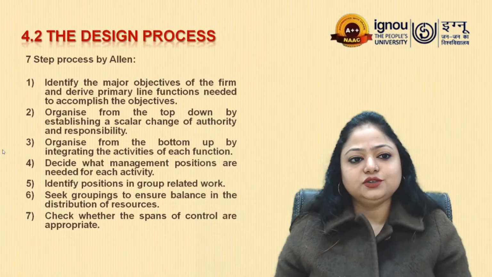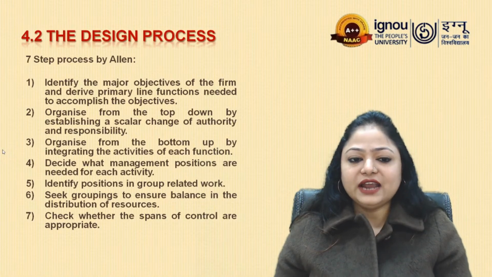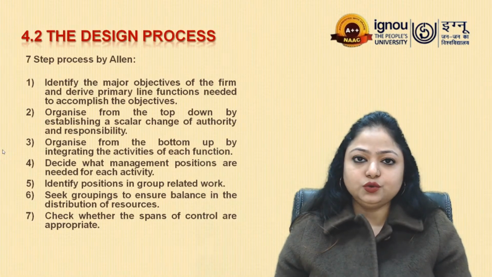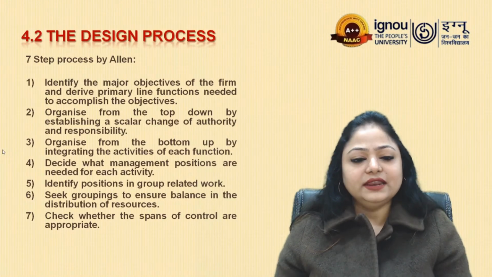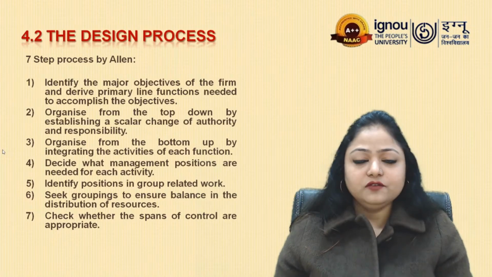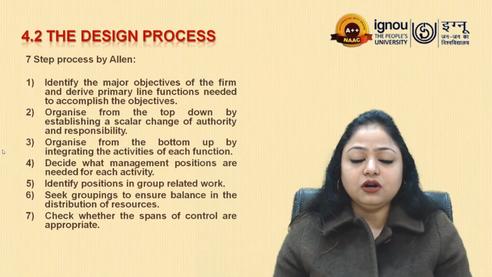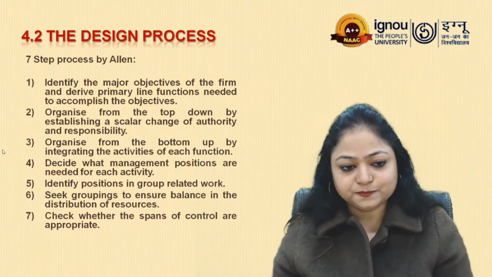So first we need to identify the major objective of the firm, and derive the primary line functions needed to accomplish those objectives. Whenever there is any type of planning, any type of management function, we first try to define or chalk out the various objectives of conducting that particular process.